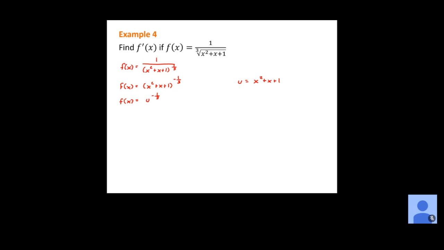Now, when I go to take my derivative then, what's the derivative going to look like for this one?